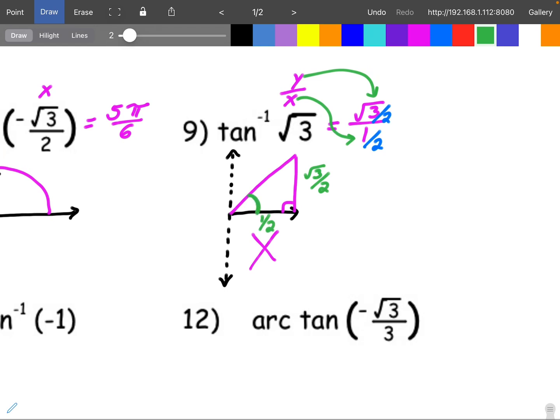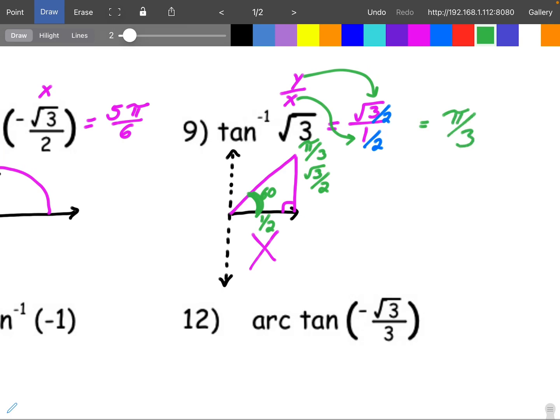So now I just need to figure out at what angle does that occur. So if this is across from √3/2, that means this has to be a 60-degree angle. Therefore, the radian would be pi/3. So that's my answer.